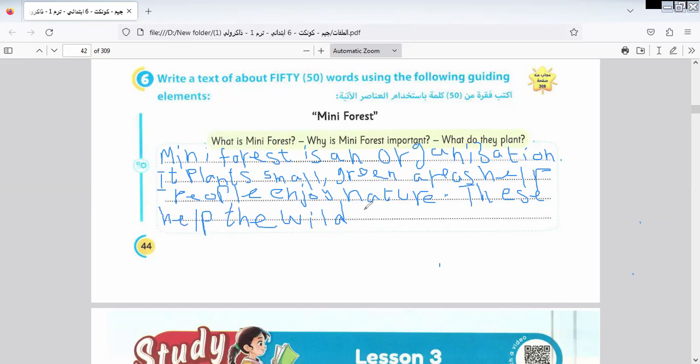These help the wildlife. Like what? Like plants, animals, and other living things.